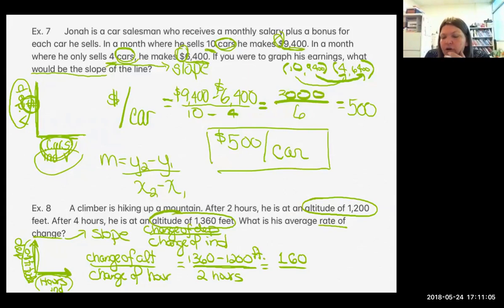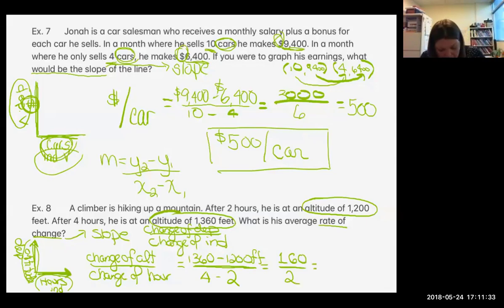Okay, so 2 hours. Okay, so I went 160. Oh, I actually want to erase that. You did it right. I just want my notes to be good for everybody. So what Marily did here was she said, well, if I ended at 4 hours and I started at 2 hours, 4 minus 2 would be 2 hours traveling.